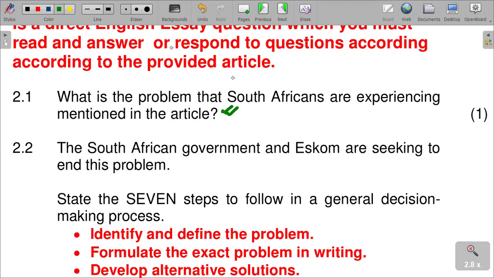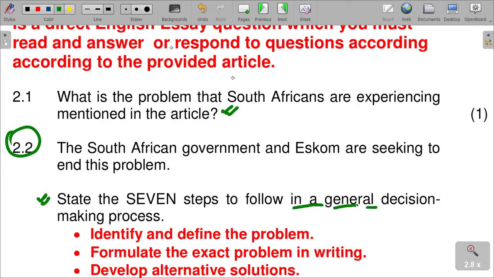The South African government and ESCOM are seeking to end the problem. State the 7 steps to follow in a general decision-making process. You see, the question is saying in general decision-making process.